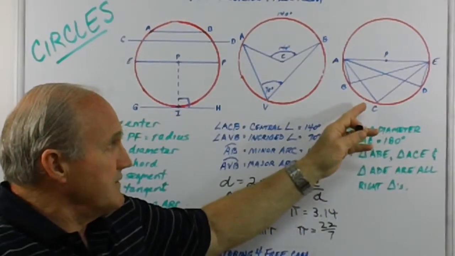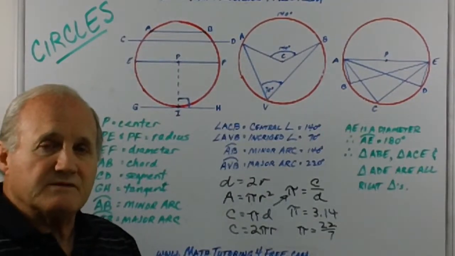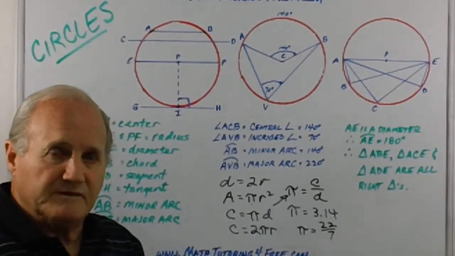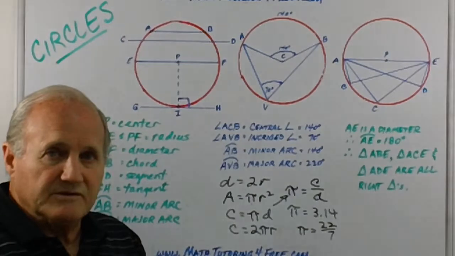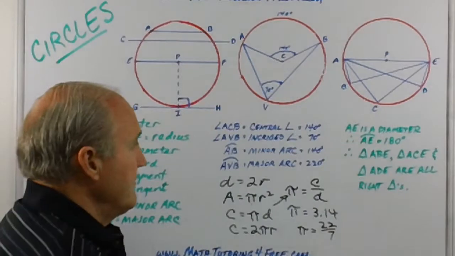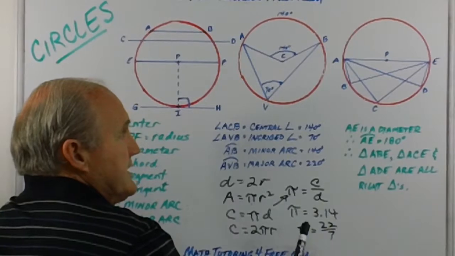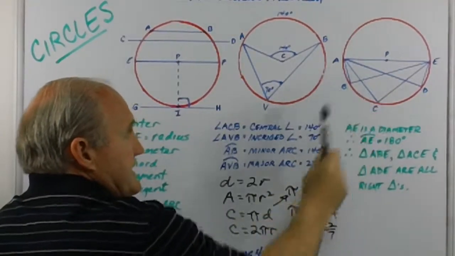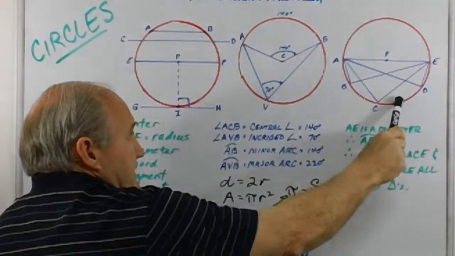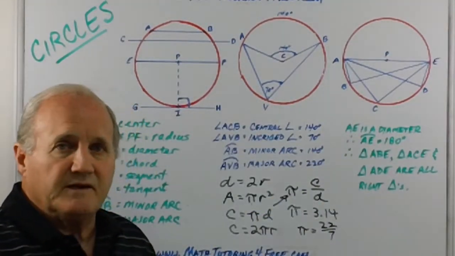So one little point to remember is that an inscribed angle that is inscribed by a diameter, or half of a circle, is always one half of 180, or 90 degrees. So in this case, triangle ABE is a right triangle, and triangle ACE is a right triangle, and angle ADE too. Any place I put that third point on that arc is going to end up being the vertex of a right angle.